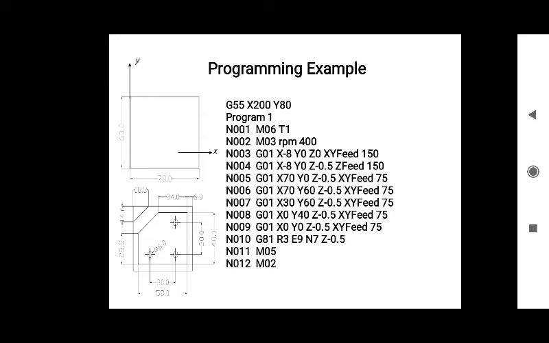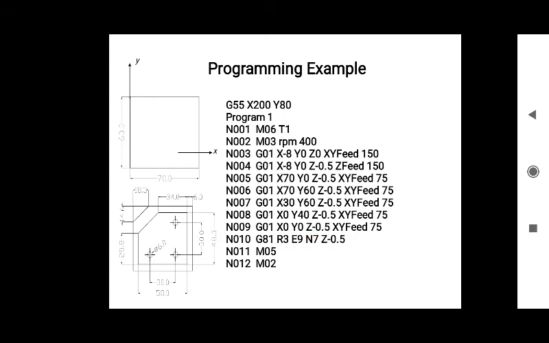For that we have used the code G81 with Z-0.5, the depth of cut 0.5 mm.